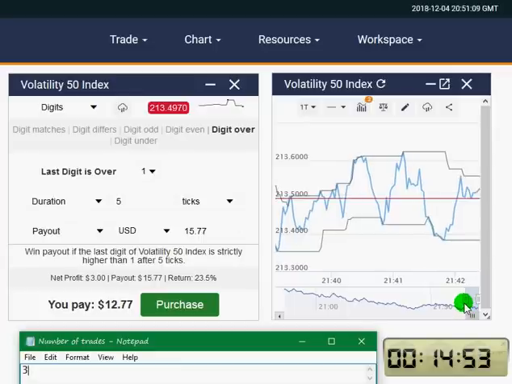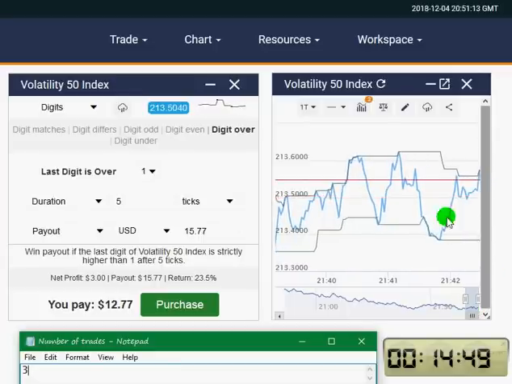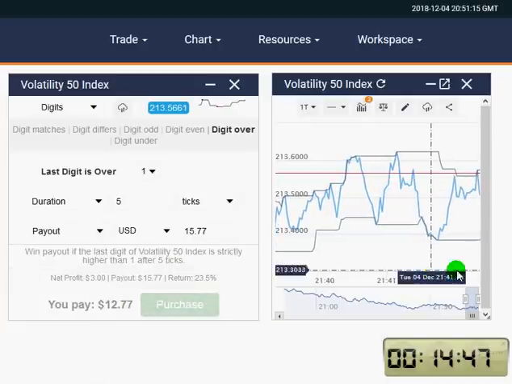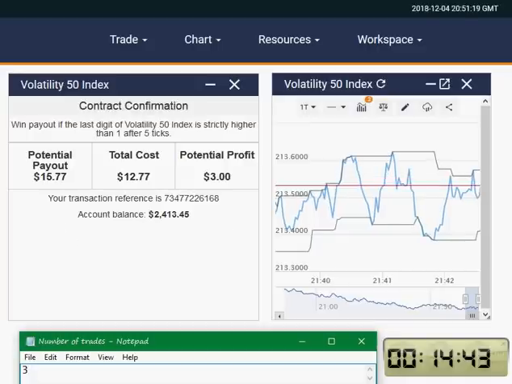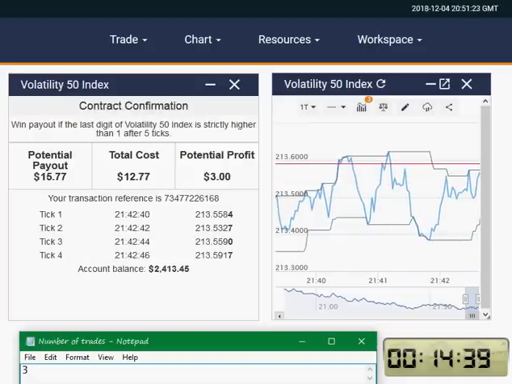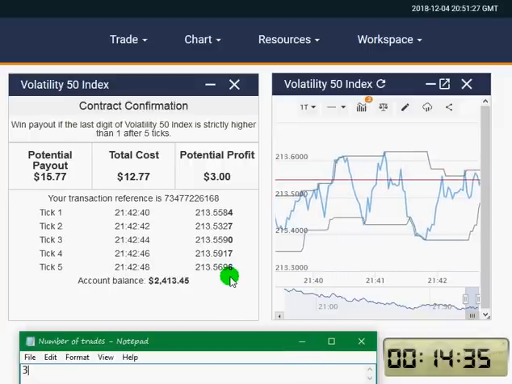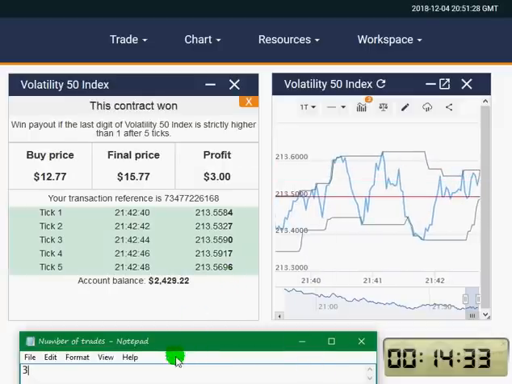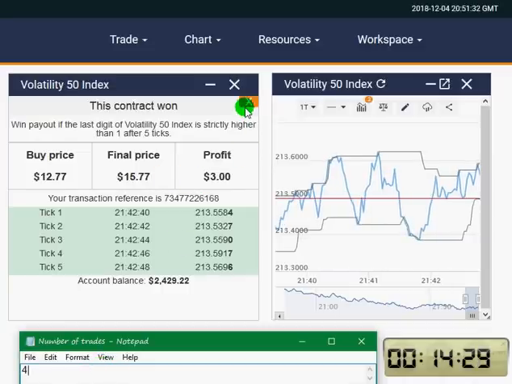Make sure you move this close. You can see it has overlapped. When you click on purchase, that's the third trade. So you can see we won that trade again. That's our third trade. So I'm going to change it to 4.